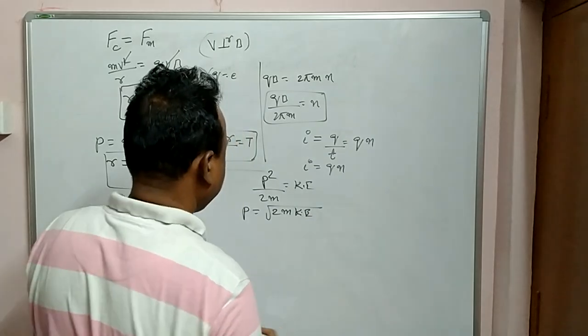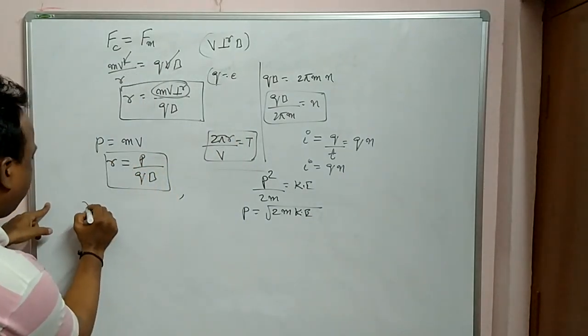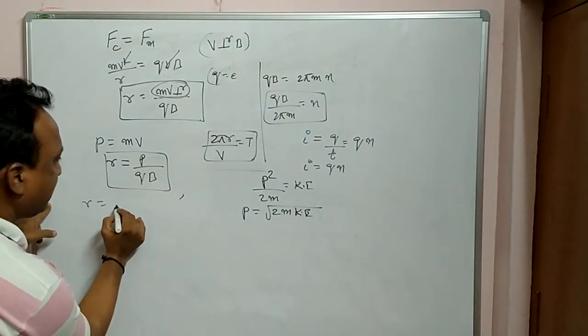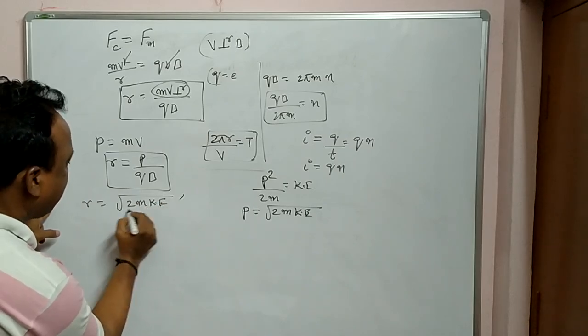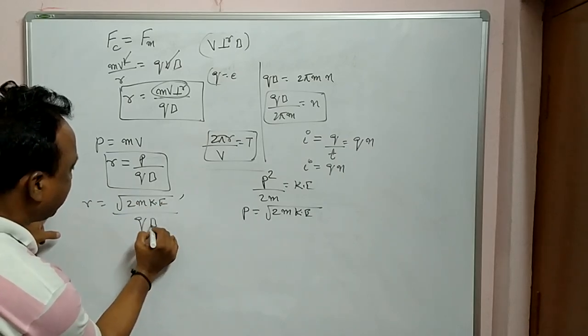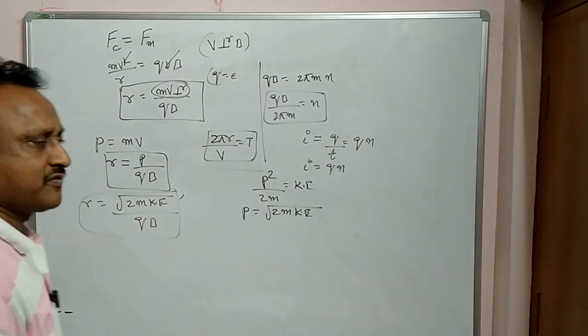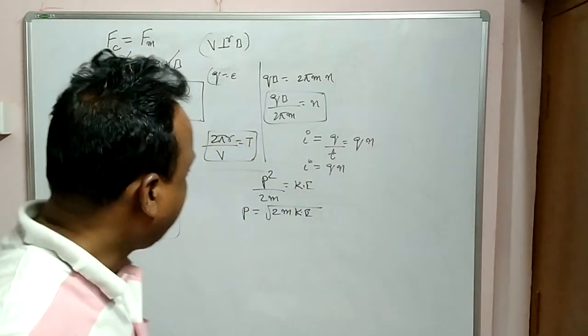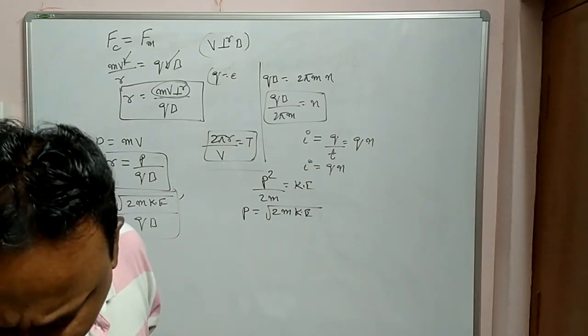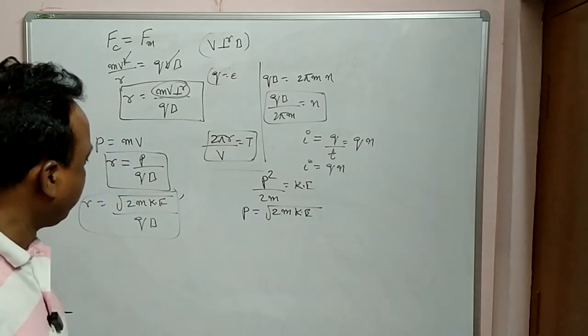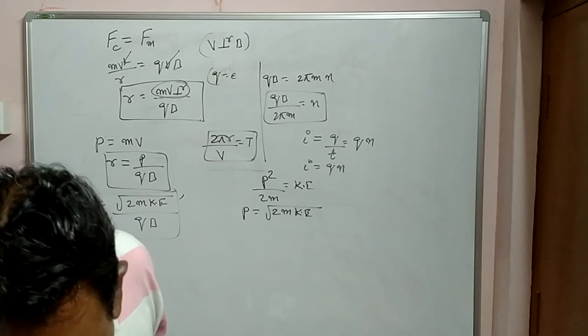Put it here: r is equal to, in the place of p, root over 2m KE by qB. So this is another formula in terms of kinetic energy, charge, magnetic field and mass of the electron or whatever particle: root over 2m kinetic energy by qB.